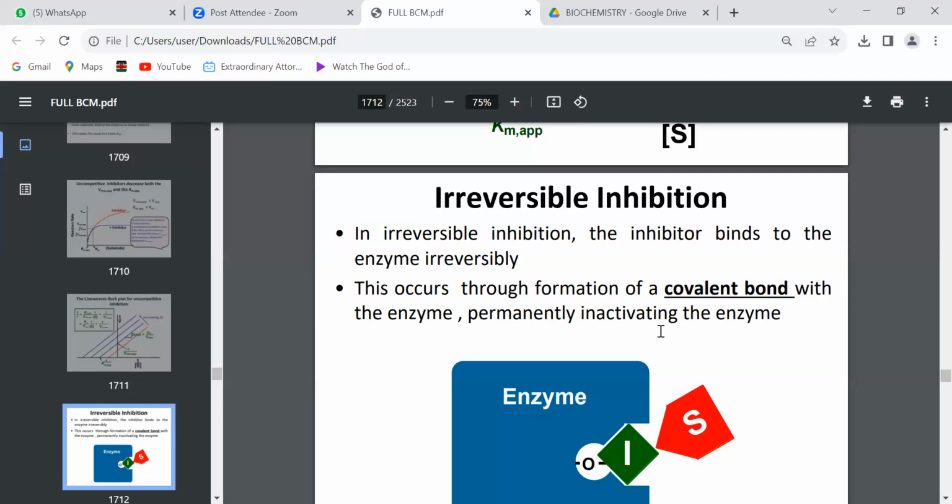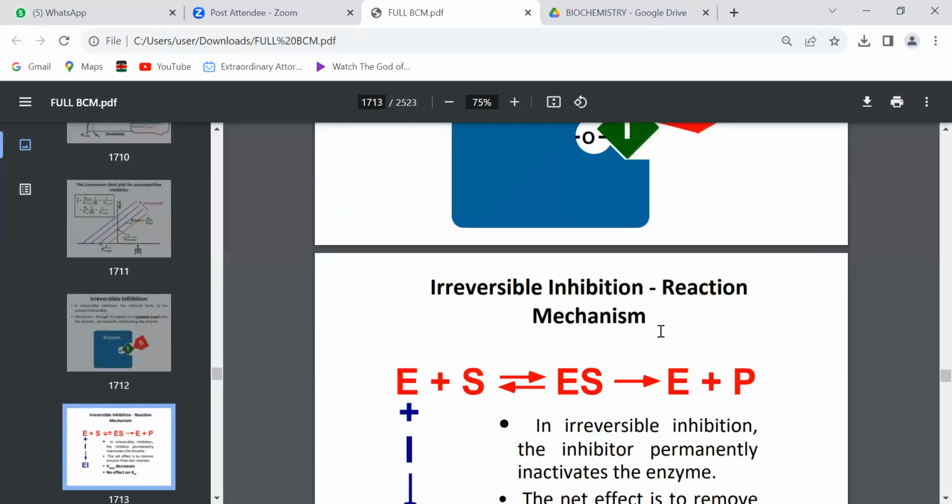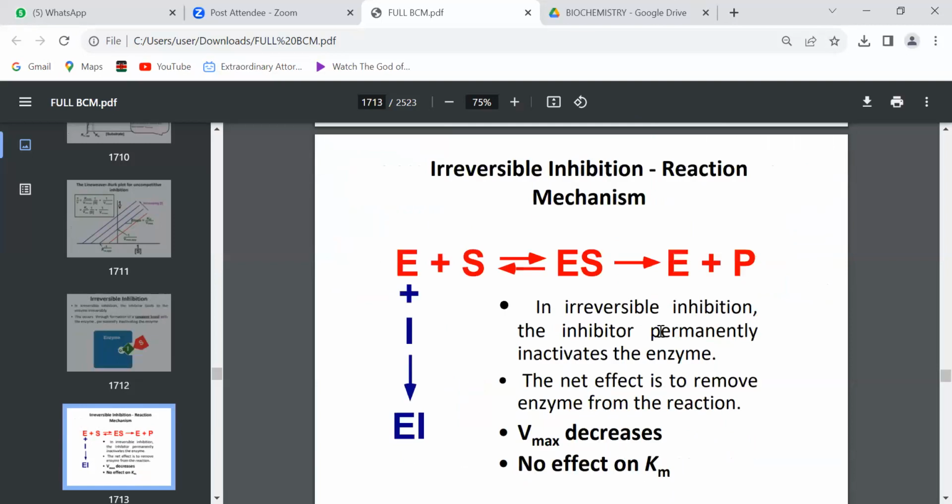But for irreversible inhibition, once they bind, it's through covalent bonds, which are much stronger, and hence it permanently inactivates the enzyme. So irreversible inhibition leads to a decreased Vmax and no effect on the Km.